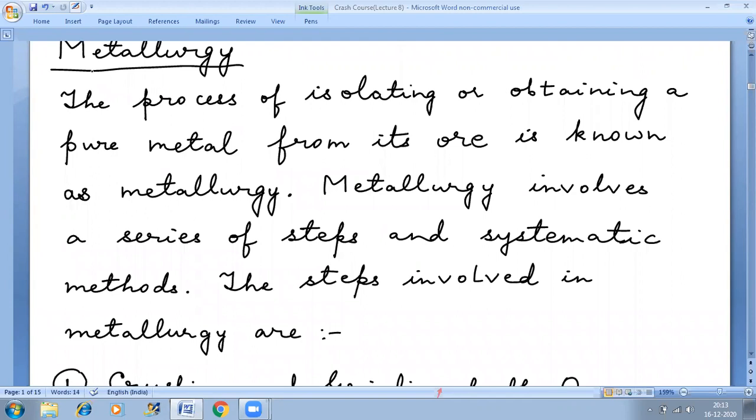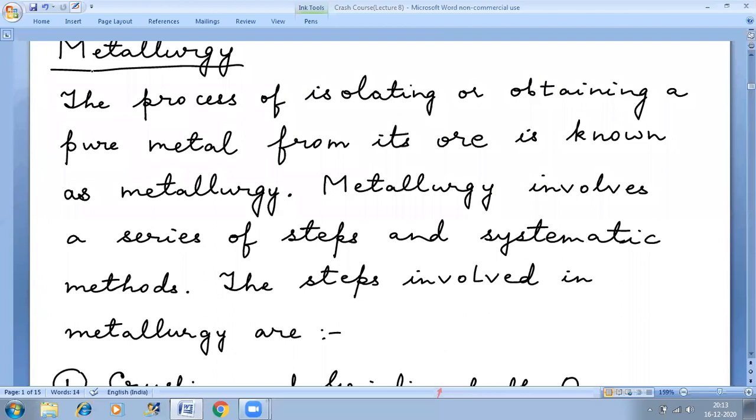So what is metallurgy? Metallurgy means obtaining the metal. That means finally I will have only the metal in my hand. But in order to get the metal in my hand, I have to carry out many processes and follow many steps, so that finally I have the metal with me. From where? From the particular ore of the metal. What is the ore? The ore is a natural deposit which contains the metal.